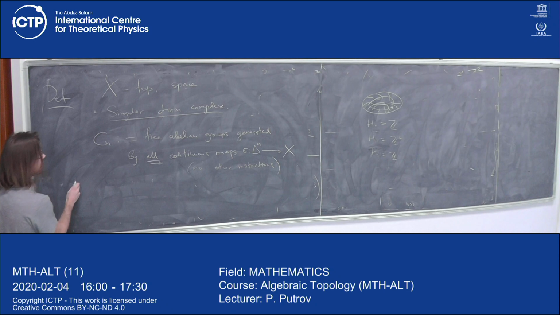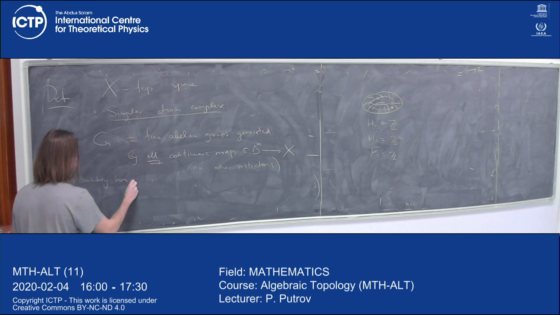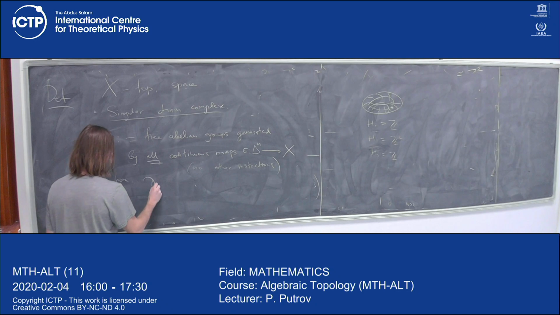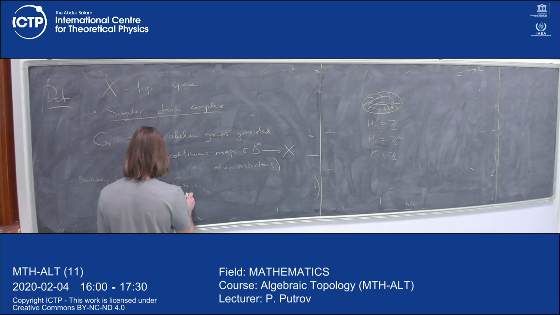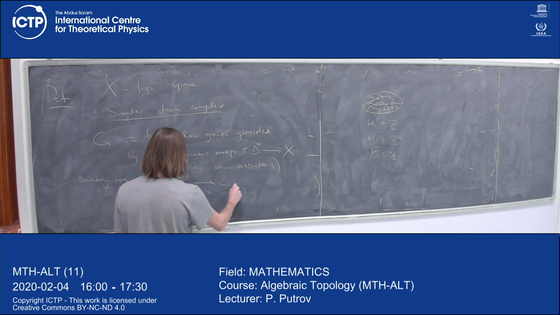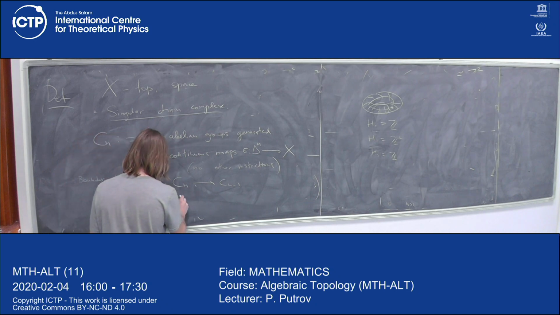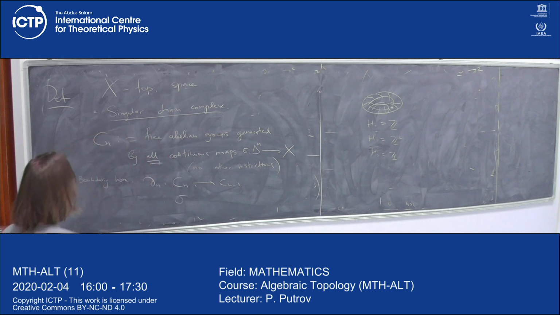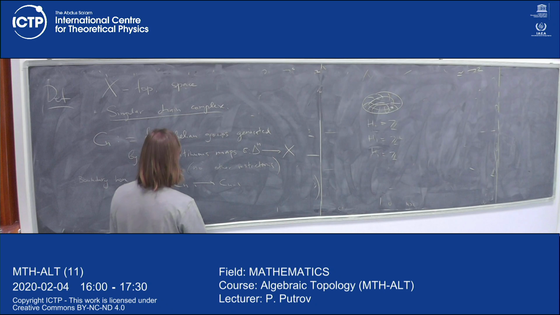Now we want to define the boundary homomorphism from Cn to Cn minus 1. It will be defined essentially by the same formula as before, as for the simplicial chain complex.